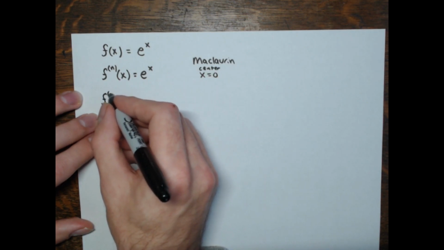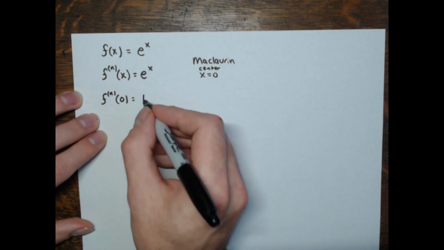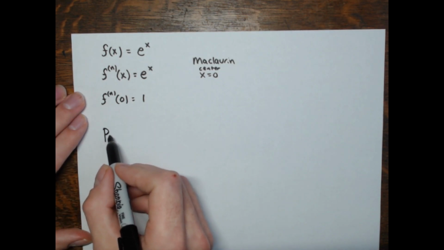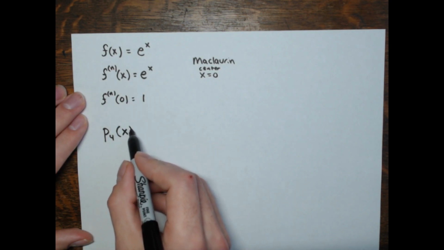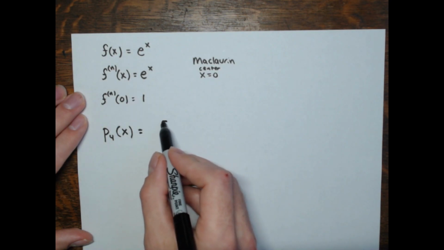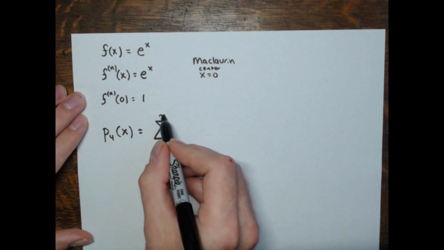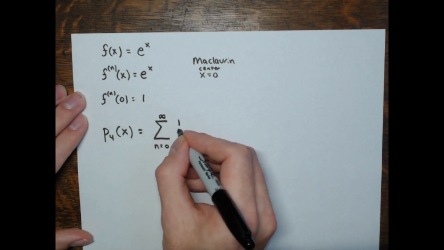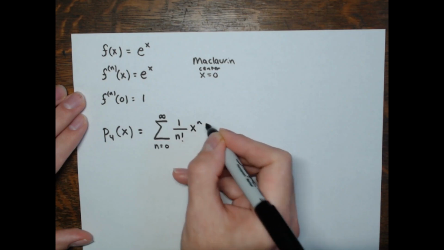So I'm evaluating all these derivatives at 0, and we're just going to get e to the 0, or 1. Right? So the fourth Maclaurin polynomial that will approximate e to the x is the sum from n equals 0 to infinity of the value of any derivative at 0, which we saw was 1 over n factorial, times x minus 0 to the nth.